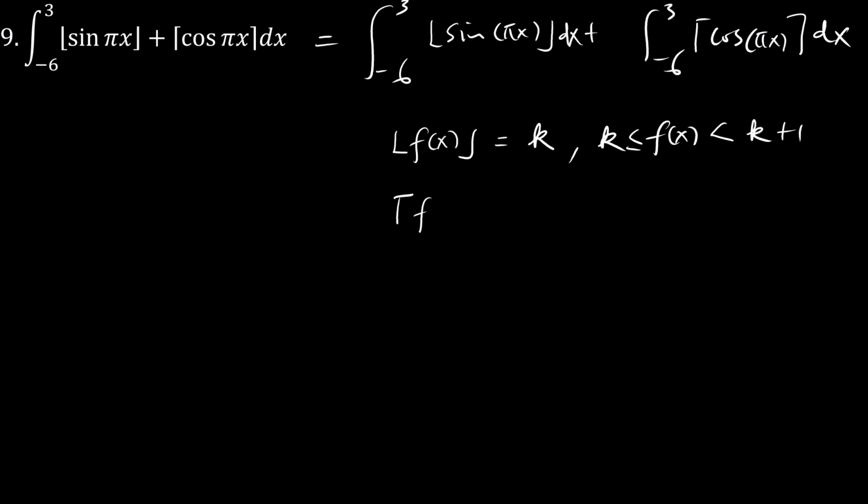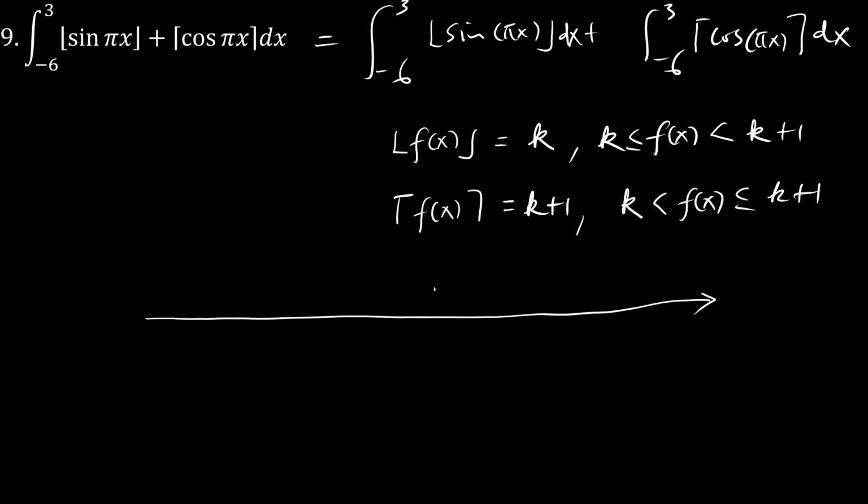And then the ceiling function of f(x) is equal to k plus 1 in the interval k is less than f(x) but less than or equal to k plus 1. So that's that. Now personally I would like to plot these guys out.